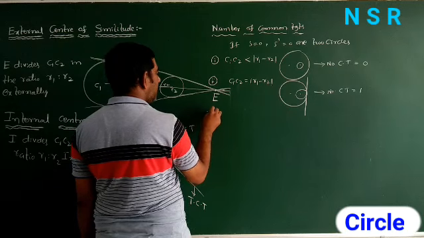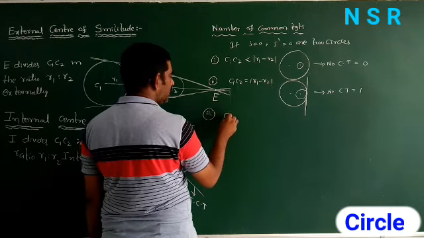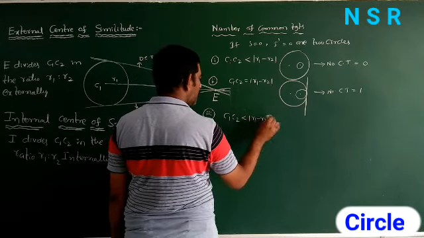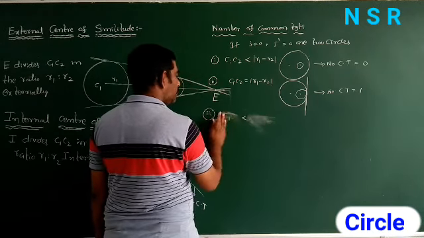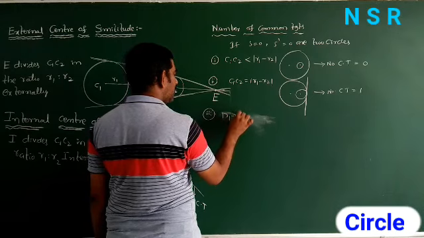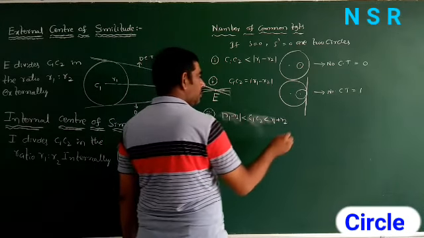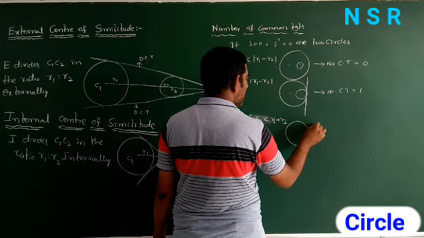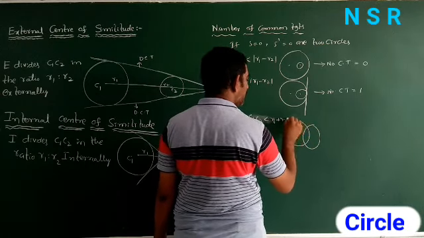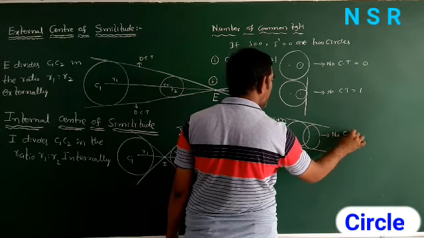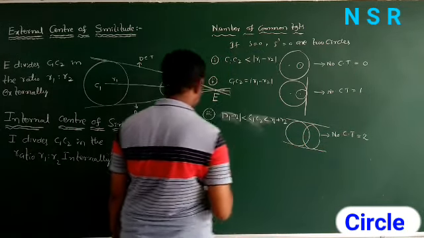Next, the third one: mod R1 minus R2 less than C1 C2 less than R1 plus R2. The two circles intersect at two different points. Now we have two direct common tangents, so the number of common tangents equals 2.